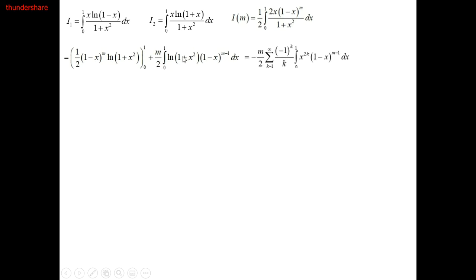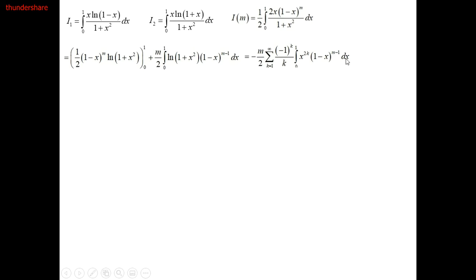Also, I can use the series for the ln(1 plus x squared) to make it simplified in the integral, and of course integrate from 0 to 1 x to the power 2k times (1 minus x) to the power m minus 1 dx.